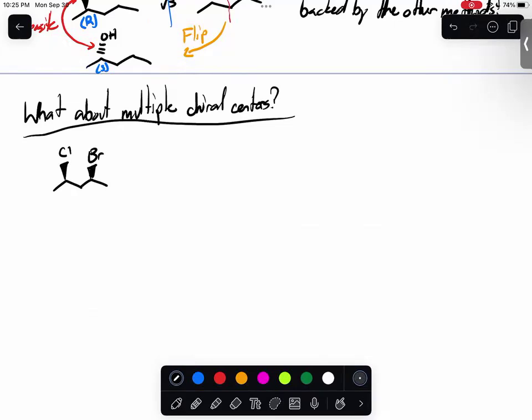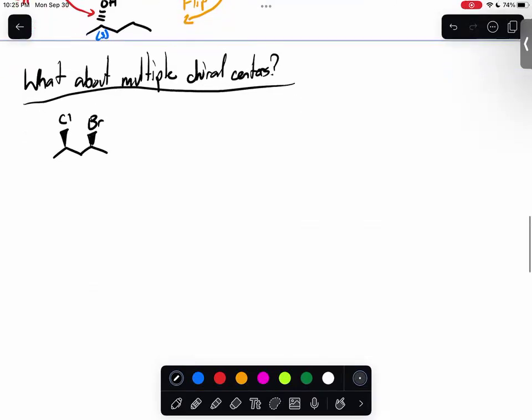Okay? Looking at this, if we were to label this with some absolute configuration, right, I'm going to draw this a little bigger so that we have all the atoms shown because there are some hydrogens that are on dashes that I didn't have shown before. Okay, so looking at the one with the chlorine, chlorine is the highest atomic number.